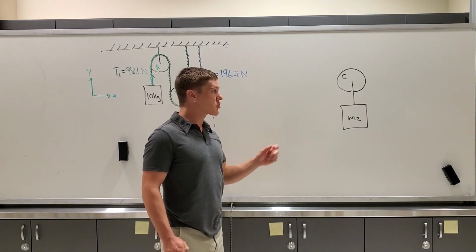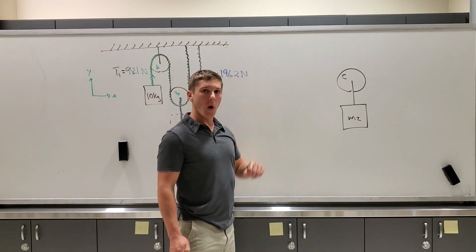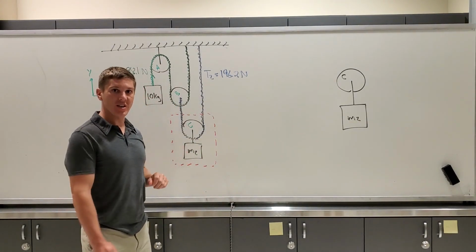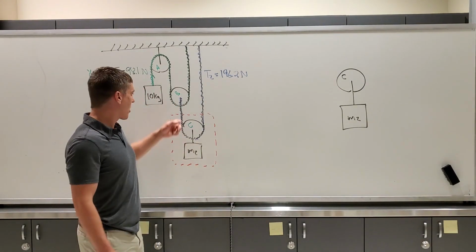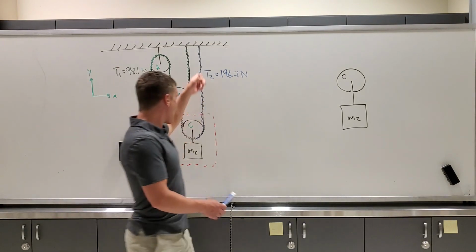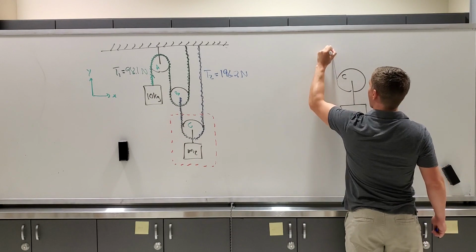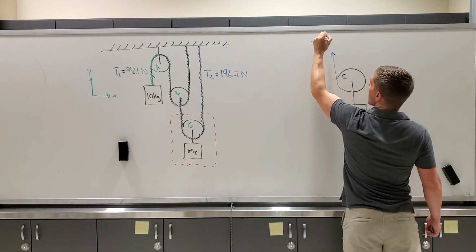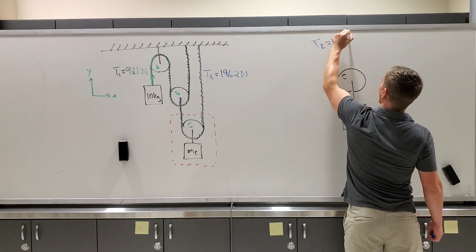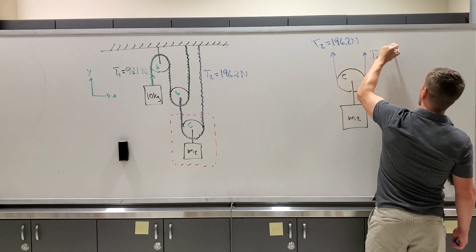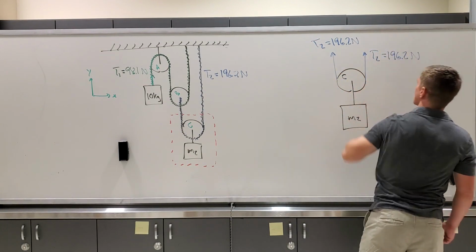So we need to start drawing on our free body diagram what forces we have acting. And we have, once again, 3 forces acting all in the y direction. First of all, if I look at pulley C, I have that cable 2 acting upward on it. So once again, I have a tension 2, which is equal to 196.2 newtons, and I have another tension 2, which is also equal to 196.2 newtons.